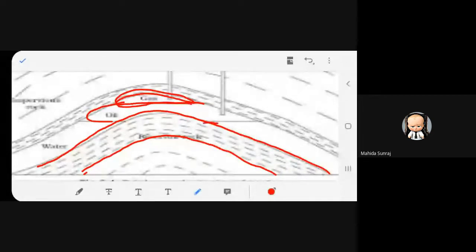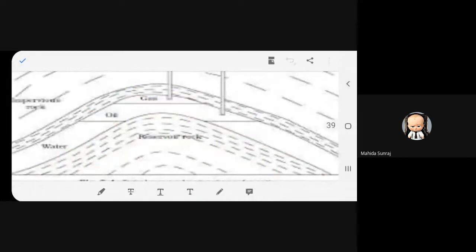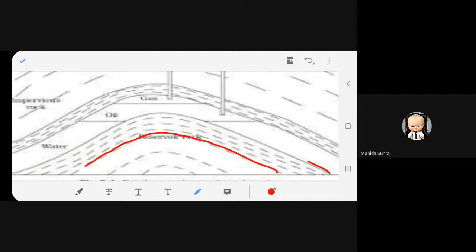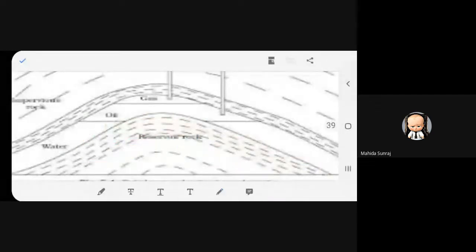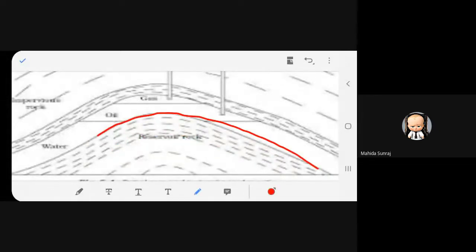This is the rock. You will not get anything below this rock, because it has trapped it. Whatever you see will be between this rock and this rock. Are you understanding the layers of the rocks? So you get this petroleum in between the rocks. Remember that.